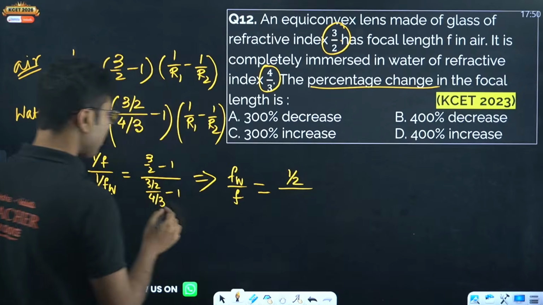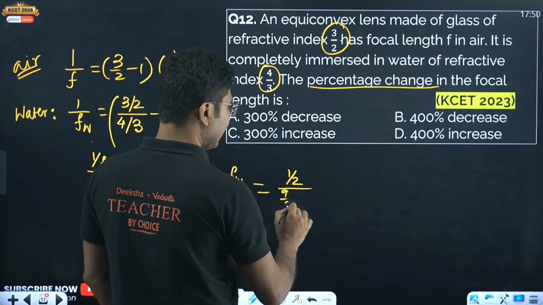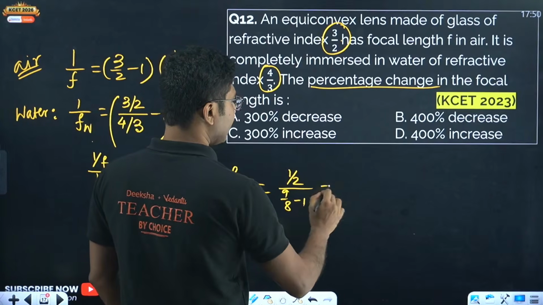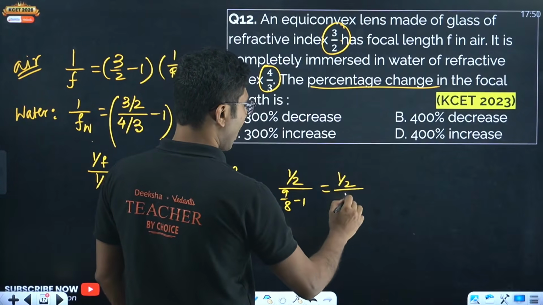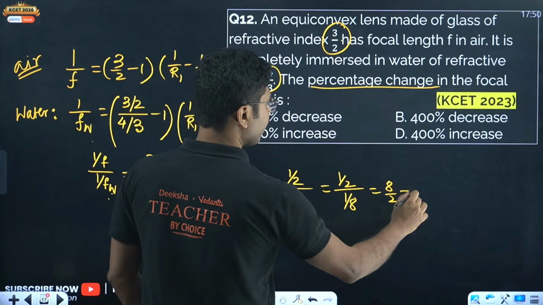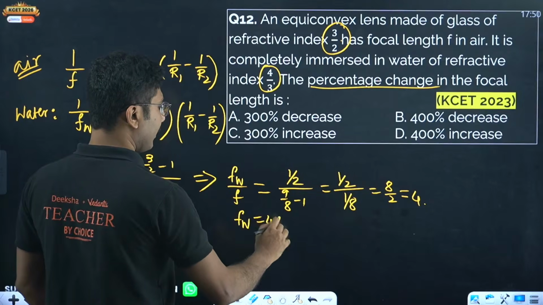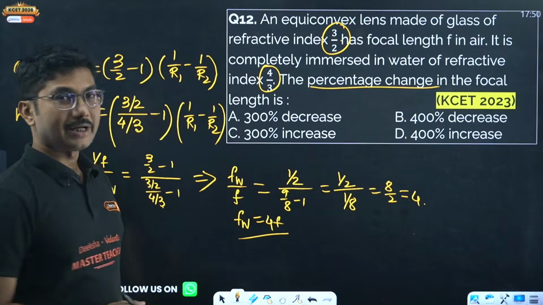What about the bottom part? Bottom part will get 9 by 8, so 9 by 8 minus 1. So what is that? Half divided by 1 by 8, or 8 by 2, that is 4. So f water is actually equal to 4f. So focal length becomes 4 times.